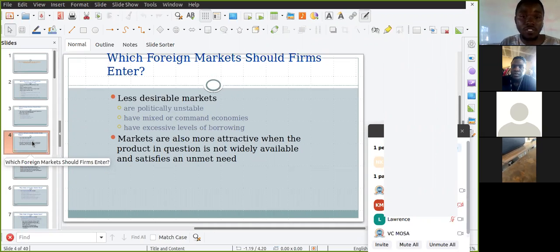These are the opposites of the pros which we looked at for the desirable markets. Some characteristics of the less desirable markets are that they are politically unstable, have a mixed or a command economy, and have excessive levels of borrowing.